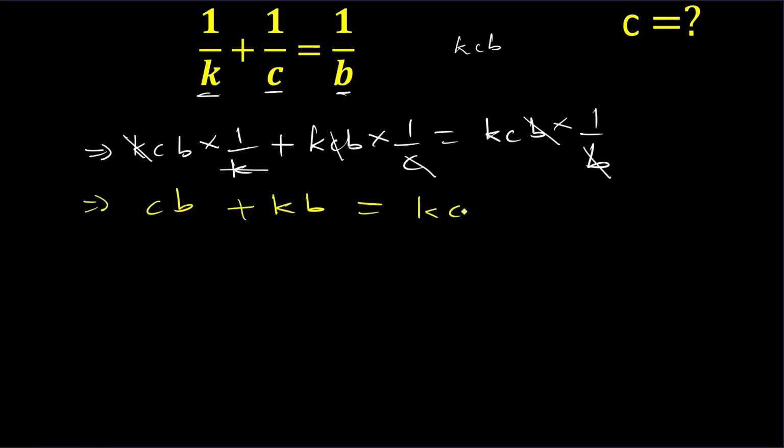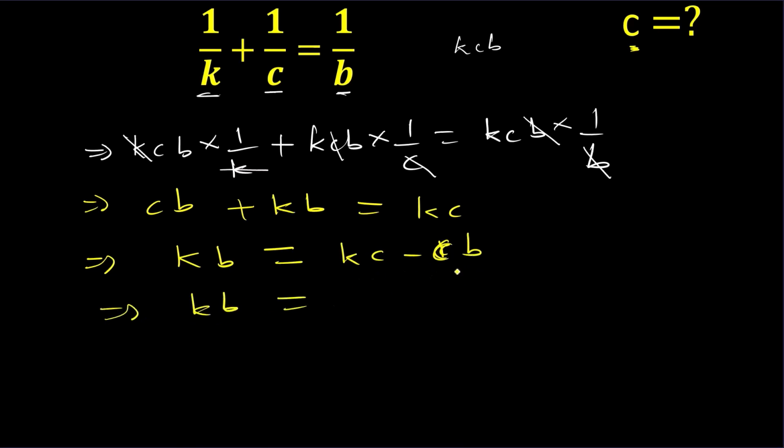equals kc. Now we have to make c the subject. So let's group c on one side. So we have cb and kc. So I'll keep kb here, then send cb to my right. Okay, so we have kb. So let me take c out.